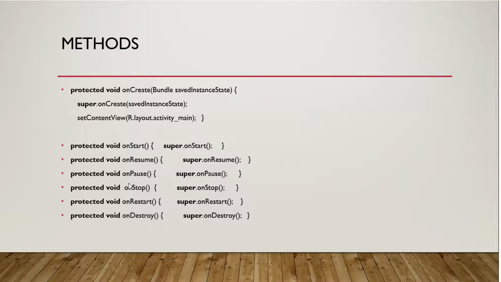But if you do not override these methods in your activity's Java class, they are automatically called by the system, because they are declared in our parent class, the superclass, which we are inheriting.